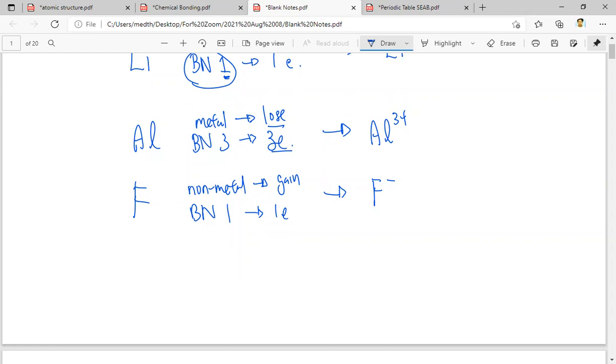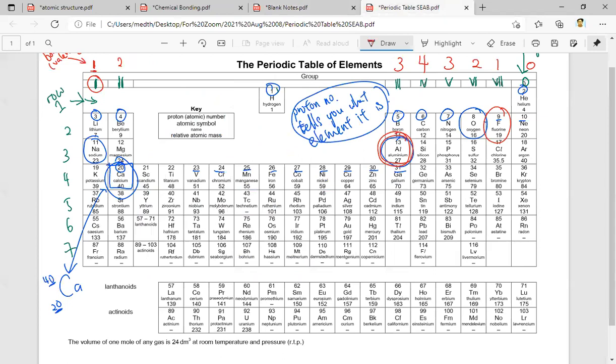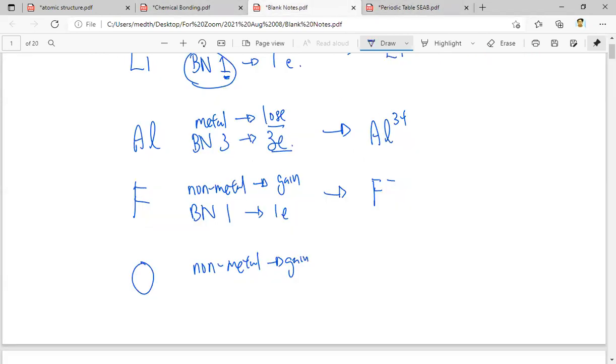Maybe now we can try oxygen. Oxygen is a non-metal, so it will gain electron. Periodic table, go back to it. Oxygen, group 6. Bonding number is 2. So what it means is that the number of electrons involved during bonding is 2 electrons.